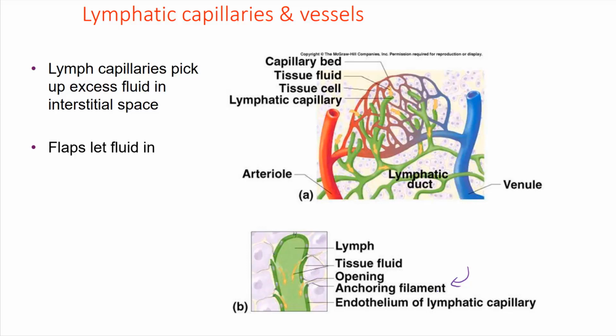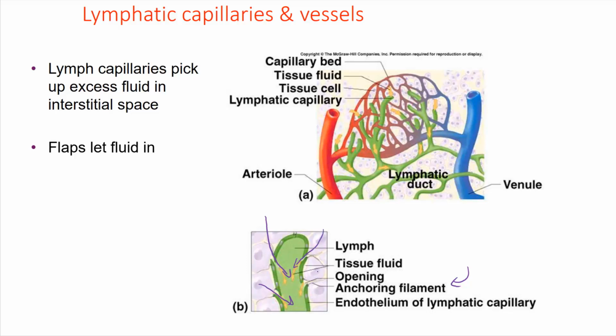If the tissue expands in volume, then it pulls on these anchoring filaments. These anchoring filaments are attached to those flaps, so now they pull the flaps open, and when they do that, fluid can then go into the lymphatic vessel, into these specialized lymphatic capillaries.